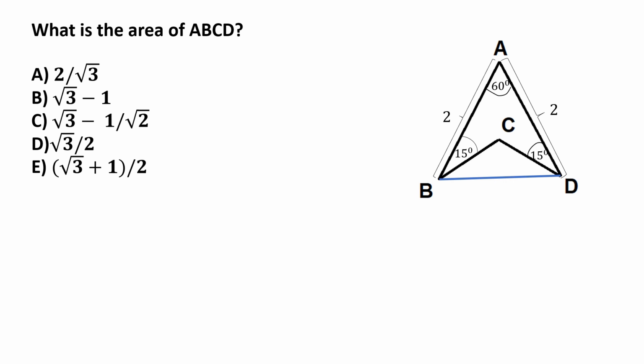Now let's focus our attention on the bigger triangle ABD that's formed as a result of this construction. In this triangle ABD, AB is equal to AD. That's given, right? Both of those sides are equal to 2. So that makes triangle ABD an isosceles triangle because two of its sides are equal. And what's more convenient in this case is the angle included between those two equal sides, AB and AD, in triangle ABD is 60 degrees.